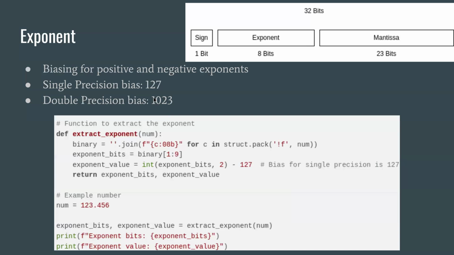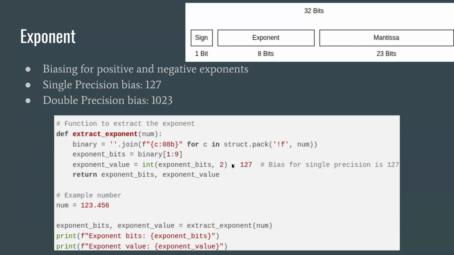This approach helps efficiently encode a wide range of values. And if we look at the Python code example, we have the extract exponent function, and this function extracts the exponent bits from the binary representation of a floating point number and calculates the actual exponent value by subtracting the bias.